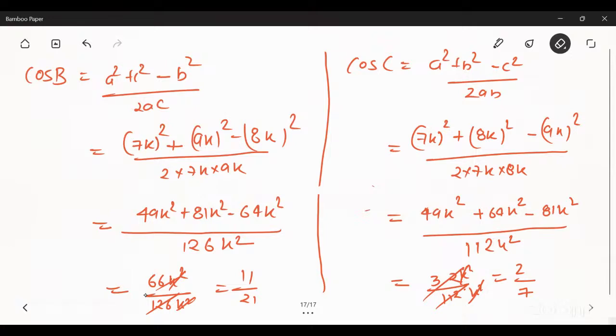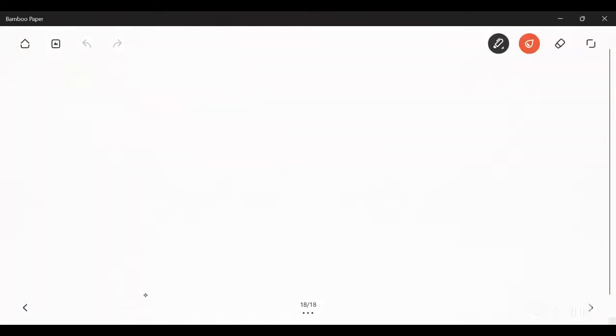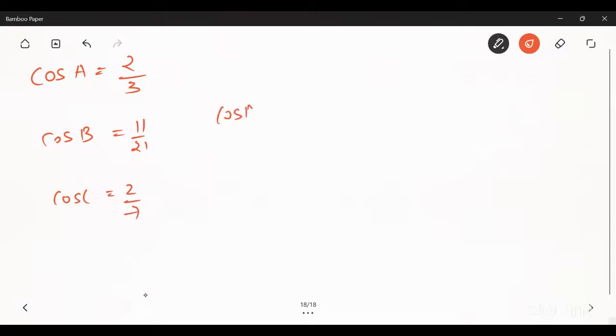So what are the values of cos A, cos B, cos C? Cos A is equal to 2 by 3, cos B equal to 11 by 21, and cos C is 2 by 7. Now the ratio cos A : cos B : cos C equals 2 upon 3 : 11 upon 21 : 2 upon 7.